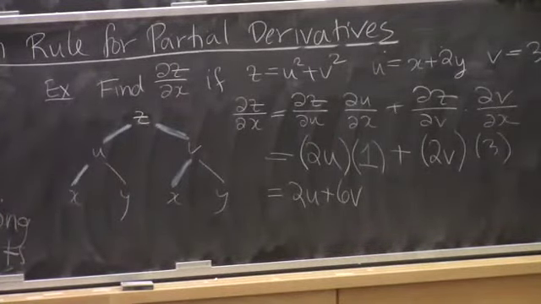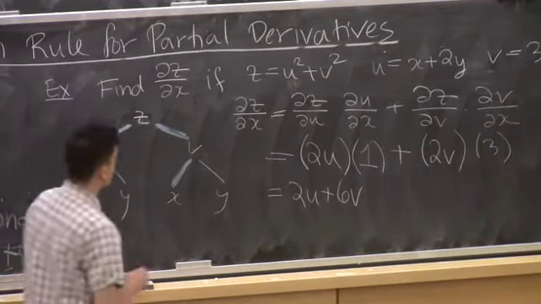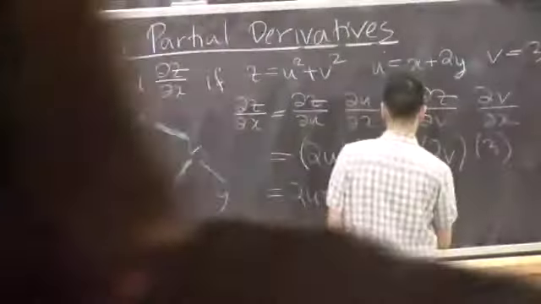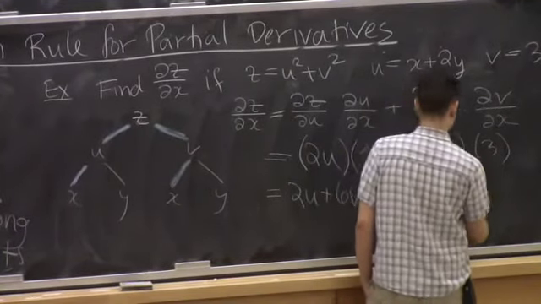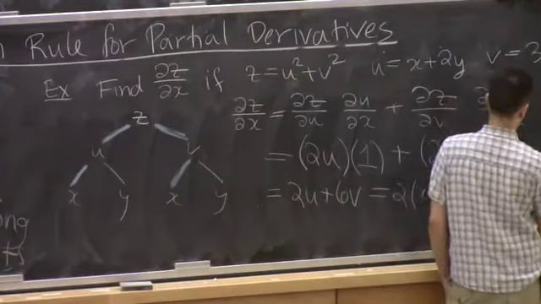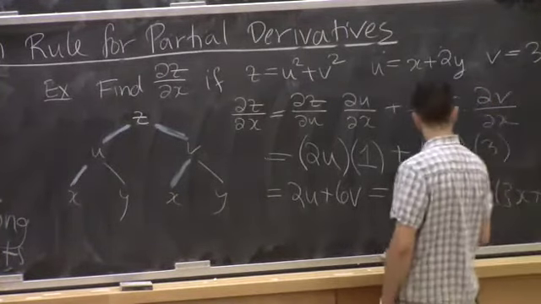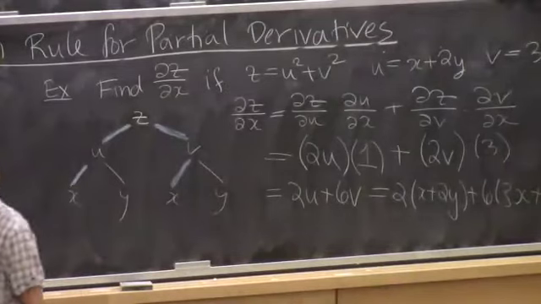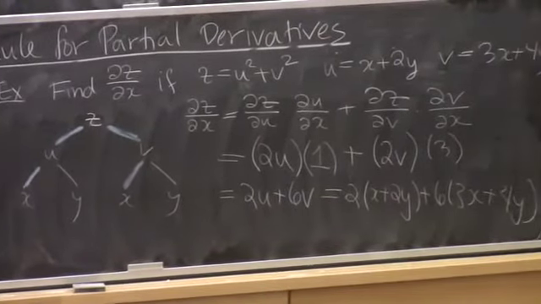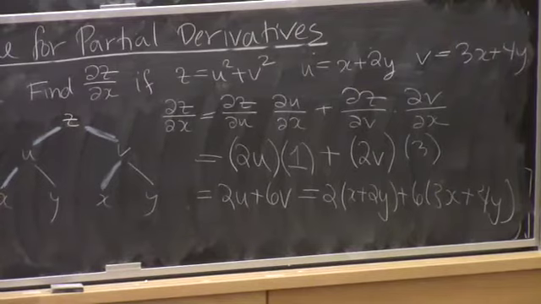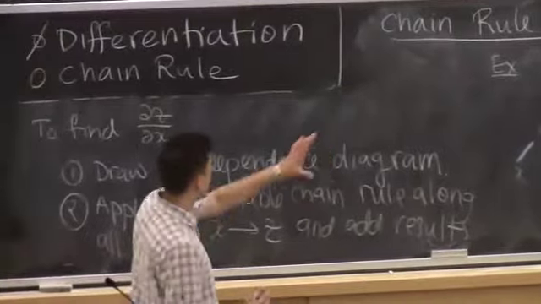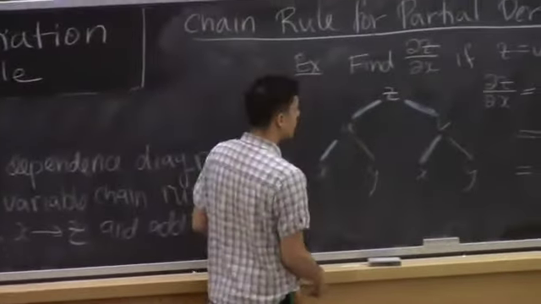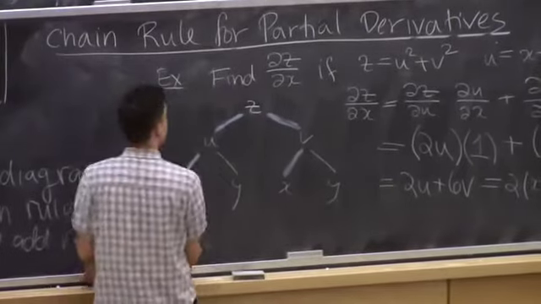And we can phrase this final answer in terms of u's or in terms of x's if we want. Okay, both of those are fine and tell us what our final derivative is. Okay, so there's a concrete example of how this works. Let's do another one where the dependence diagram is a bit more complicated.